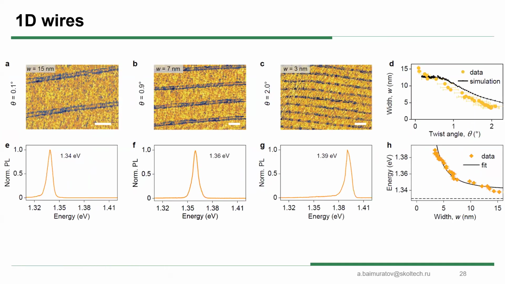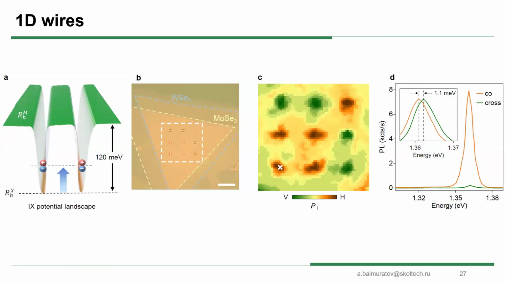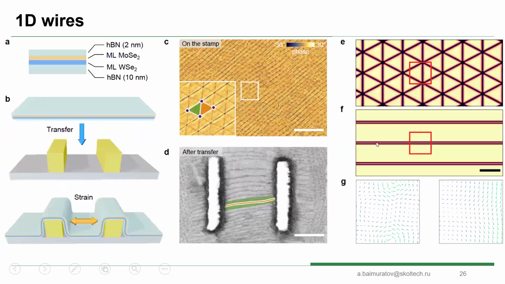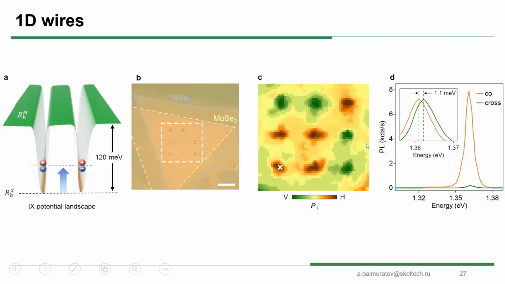Where is the double domain wall in this picture, C or B? On panel C, you have a map here of the polarization resolution.